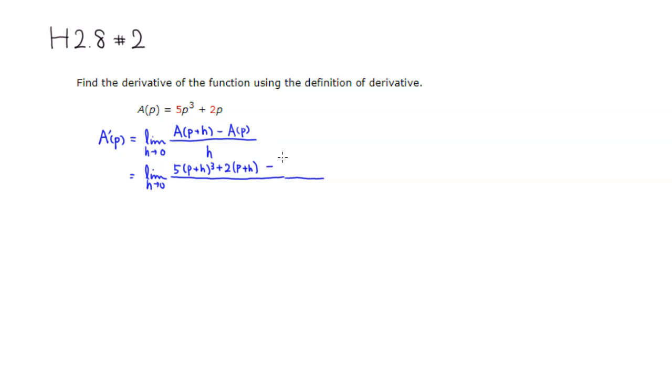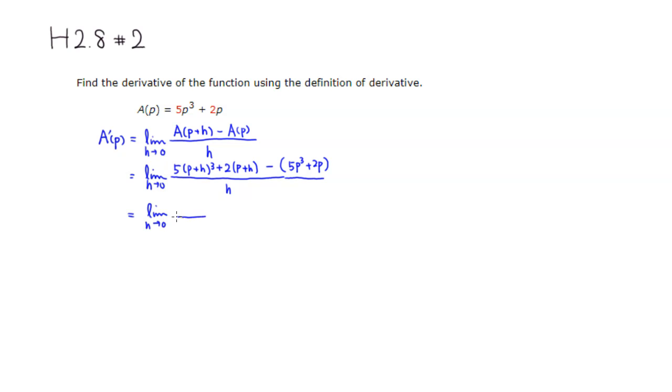We just have to subtract the original function, which is 5p cubed plus 2p. Make sure to put a set of parentheses because this negative sign applies to each term. And then you have h on the bottom. Then we're going to multiply out so that we can see if we can cancel anything out.